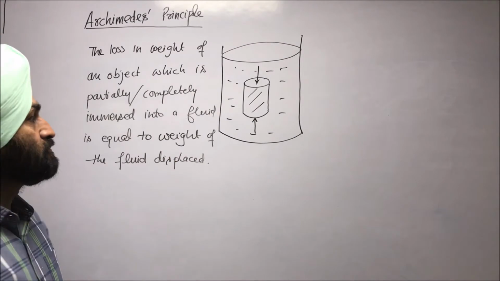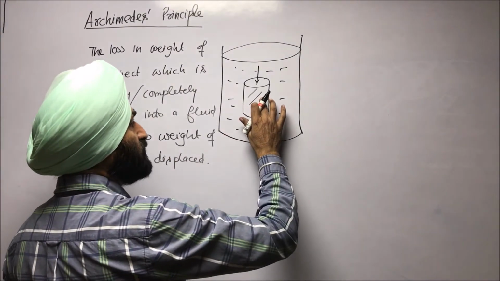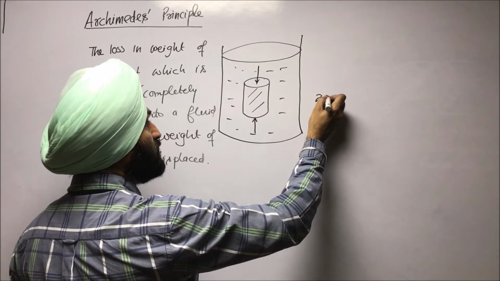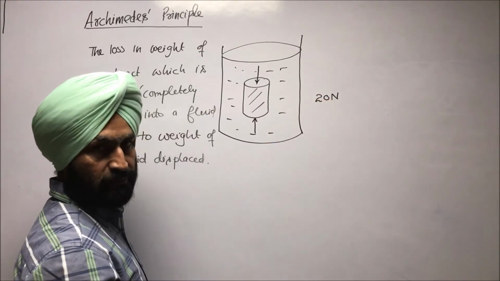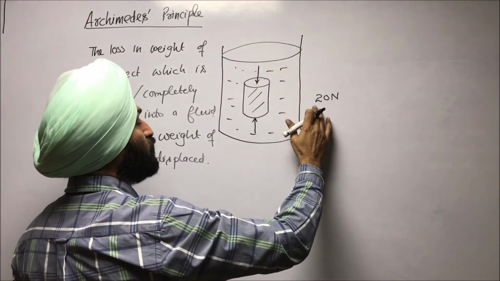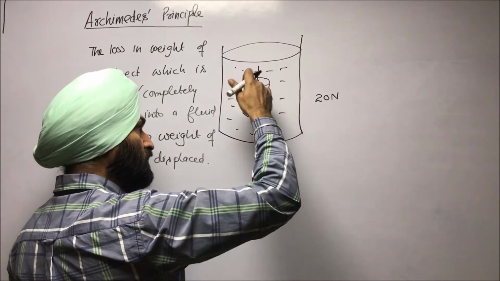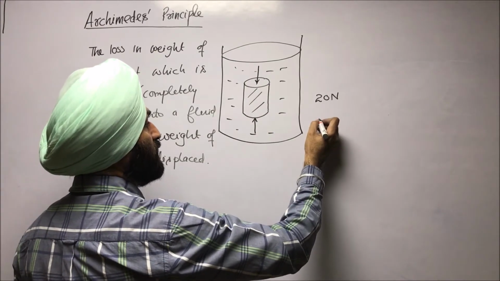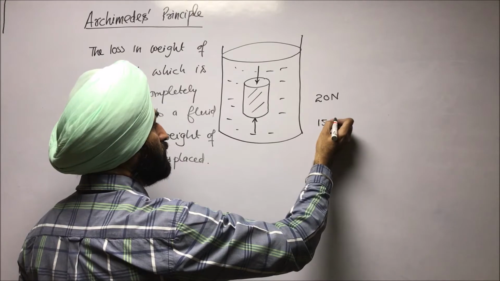So suppose the weight of this cylinder was 20 Newton in air, weight mg was 20 Newton. When put in water, its weight becomes say 15 Newton.